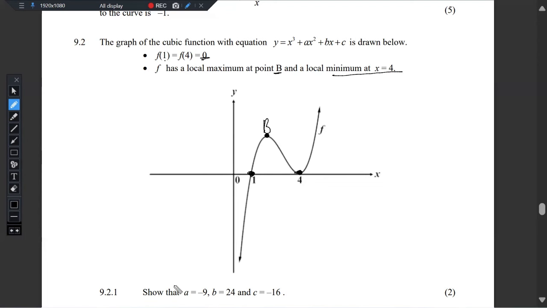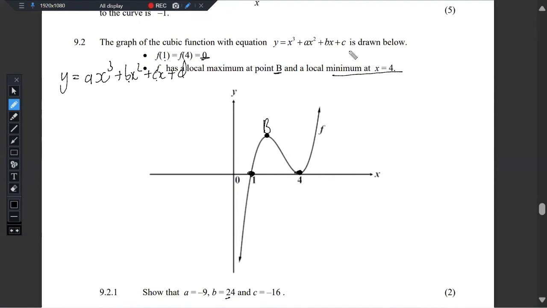Now 9.2.1, for only 2 marks, is saying show that a is equal to -9, b is 24, and then c is -16. Now from this, you have to understand that you do have the original equation for the cubic graph, which goes ax cubed plus bx squared plus cx plus d. Now understand what they did here. They simply shifted the a to here, and then the b here, and then c there, right?